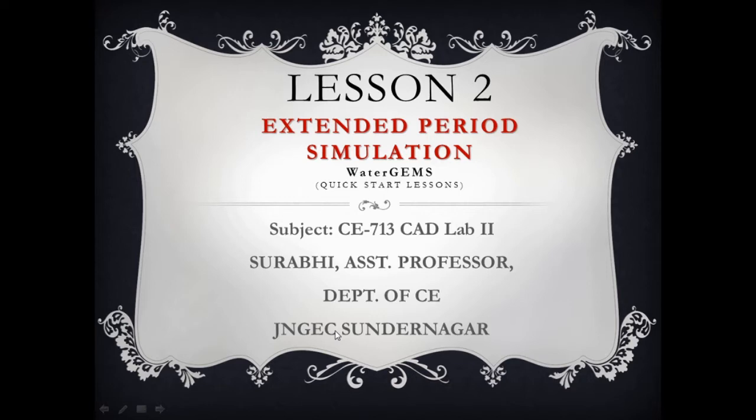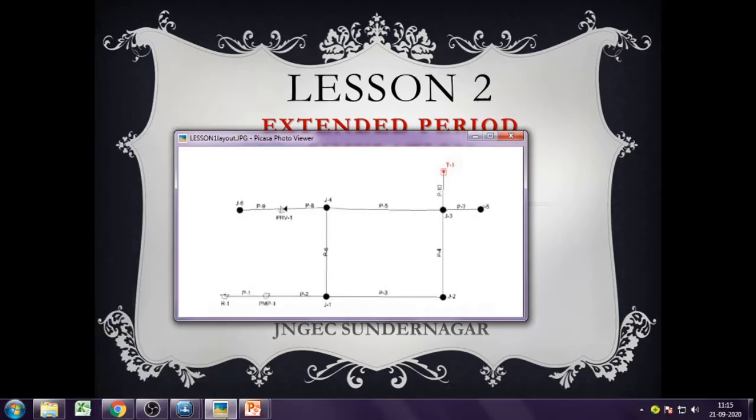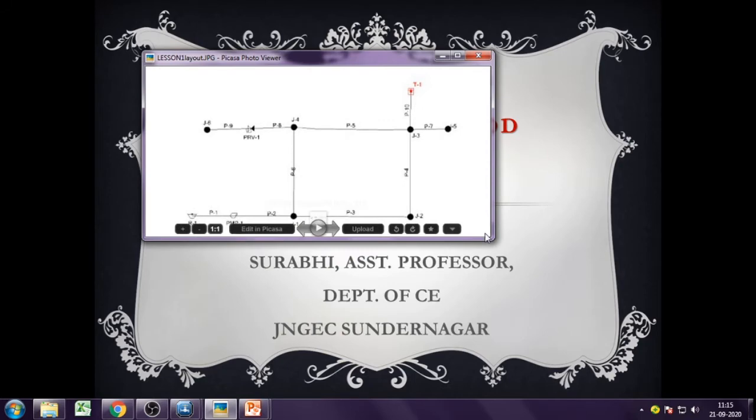So in EPS we will learn how to perform this simulation on our water distribution network, where during the day, the month or the season the water demand is varying, as water demand cannot be constant. In this case we will be using the same model which we did in lesson number 1.